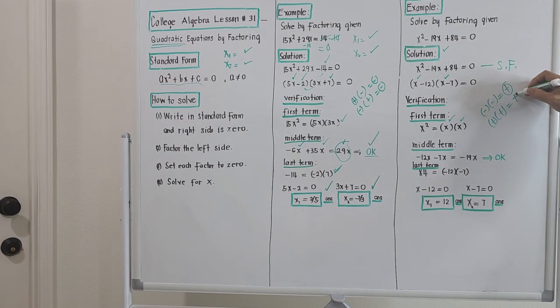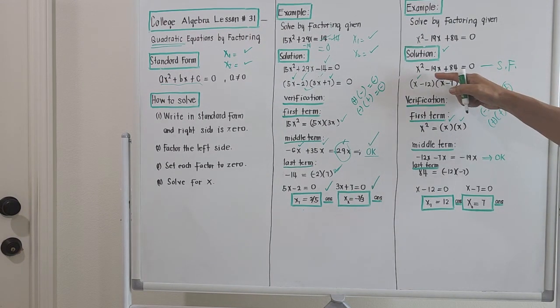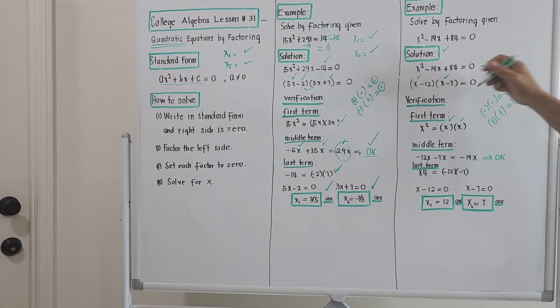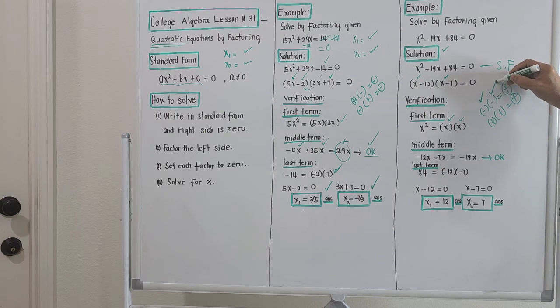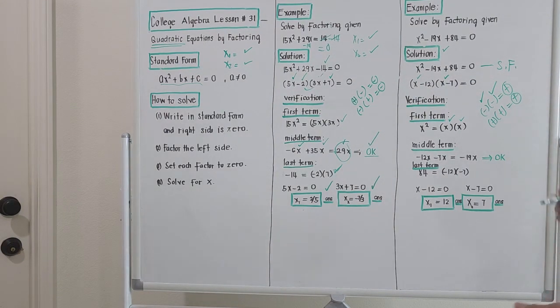But since the sign of the middle term is minus, we'll go with the negative and negative. The possible factors of 84 are 12 and 7, so it should be minus and minus.